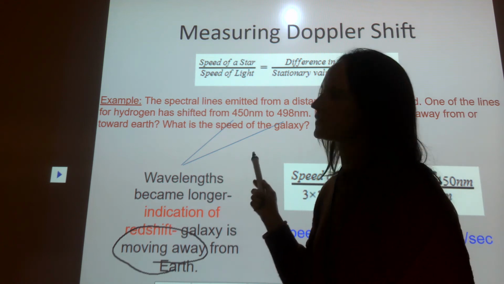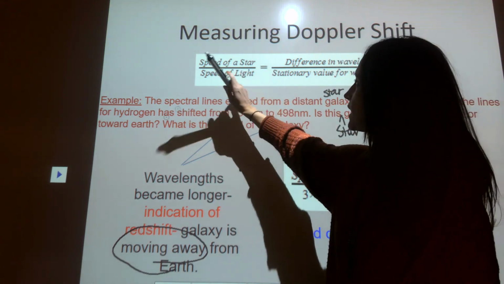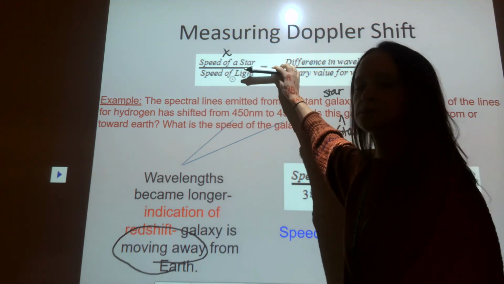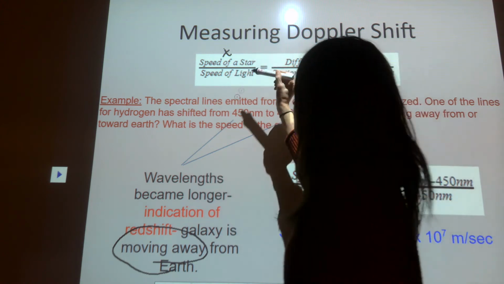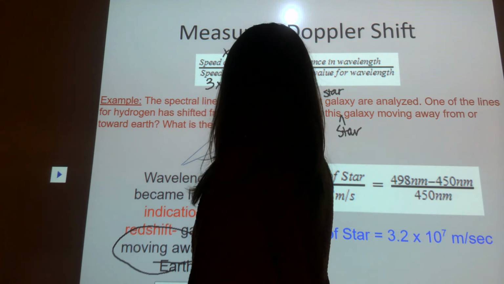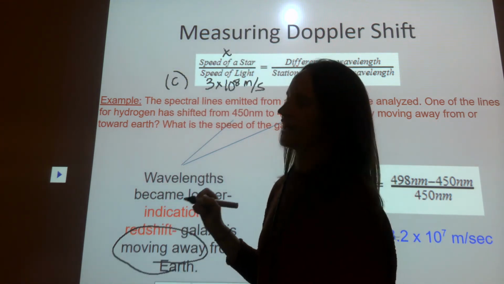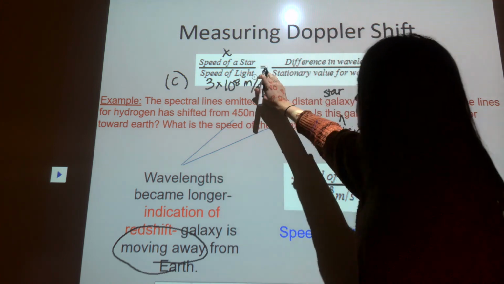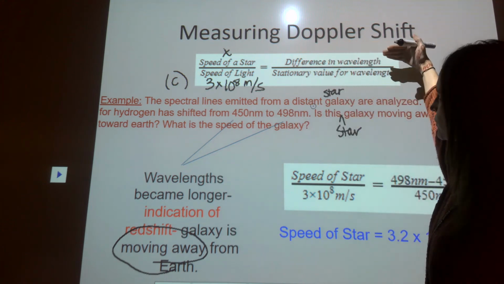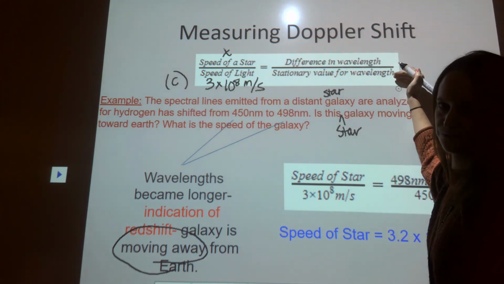What's the speed? This is the equation we use for calculating speed. It's the speed of the star, that's our unknown, x, divided by the speed of light, which we always know is 3 times 10 to the 8th meters per second, or c, which we used in our other equations we learned last week, equals, so it's a proportion, the difference in the wavelength divided by the stationary value.